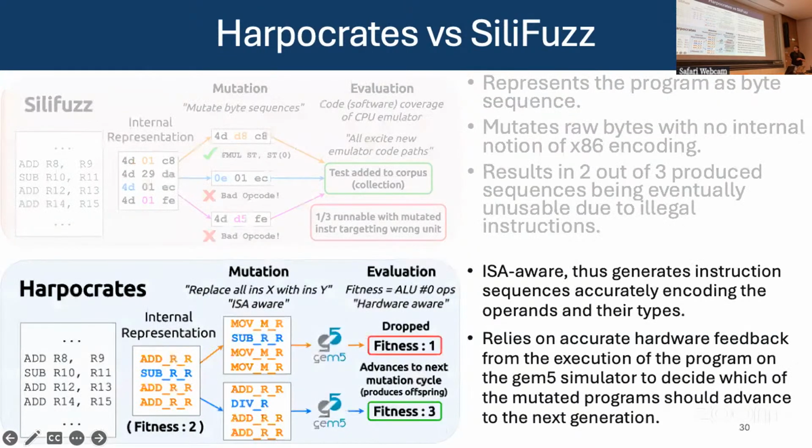Whereas Harpocrates, as it is ISA aware, generates instruction sequences accurately according to the ISA rules, and it also relies on accurate hardware feedback from the execution of the program on the gem5 simulator to decide which of the mutated programs should advance to the next generation.